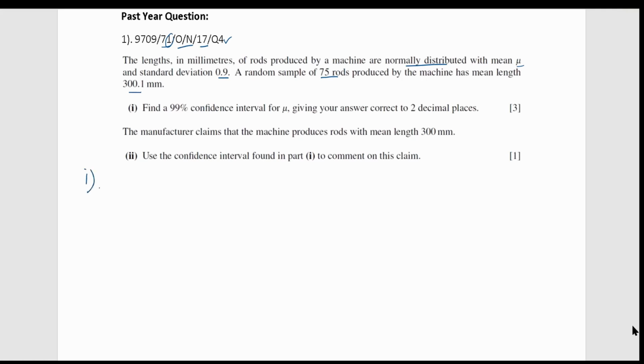First point, find a 99% confidence interval for mu, giving your answer correct to 2 decimal places. So in this case, it is the mean length of the rods produced. According to the formula I have just now, x bar plus minus the z-score multiplied with sigma over square root n. So let's see one by one.